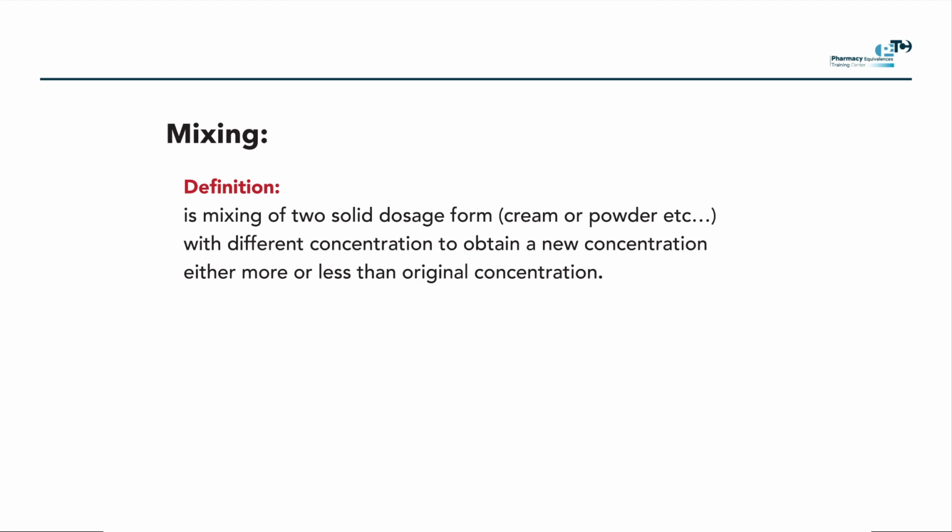The easiest way is using the alligation method. In this method, we will know how to get the final concentration or the first concentration of each content of the mixture by this formula.